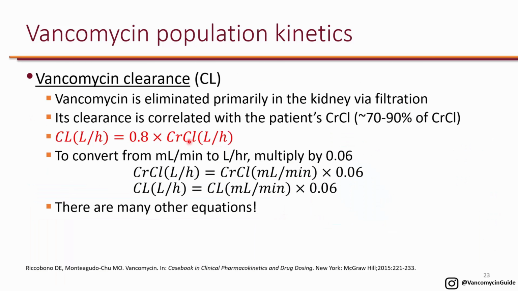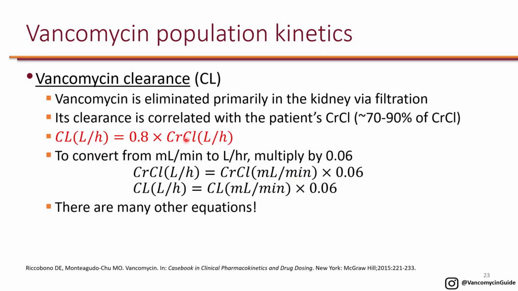One of the equations from population kinetics is vancomycin clearance. Vancomycin is eliminated primarily by the kidneys, and its clearance is correlated with patients' creatinine clearance. About 70 to 90% of the creatinine clearance is actually vancomycin clearance. So we can use this equation: vancomycin clearance in liters per hour equals 0.8 times creatinine clearance, as long as creatinine clearance is in liters per hour units.